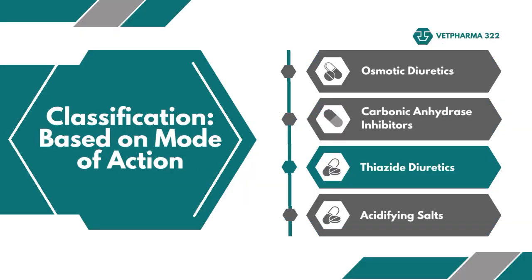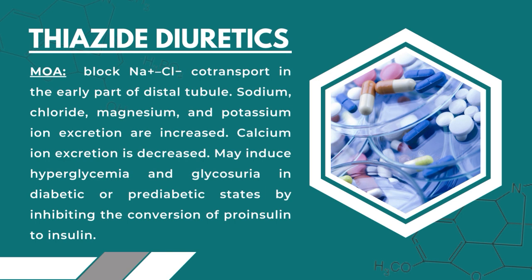Next classification of diuretics based on their mode of action is the thiazide diuretics. Thiazide diuretics block sodium chloride co-transport in the early part of the distal tubule. Sodium, chloride, magnesium, and potassium ion excretion are increased.